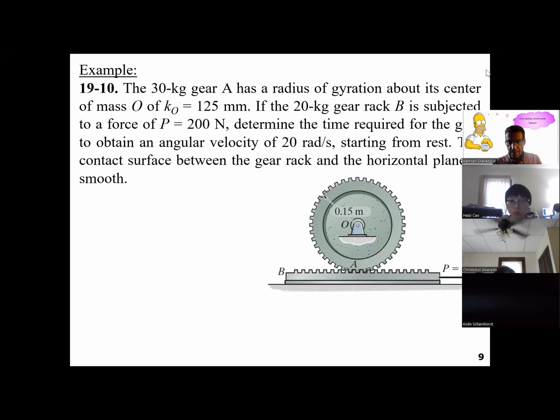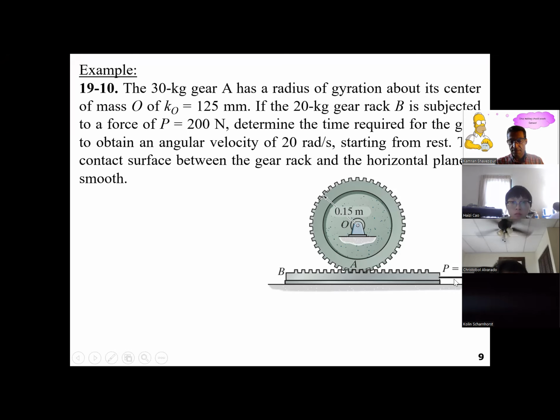This is a simple example just to implement the concept of linear momentum, angular momentum, and things like that. You have a 30 kilogram gear that is fixed here, so it rotates about a fixed point. To find its moment of inertia, it gives you the radius of gyration.